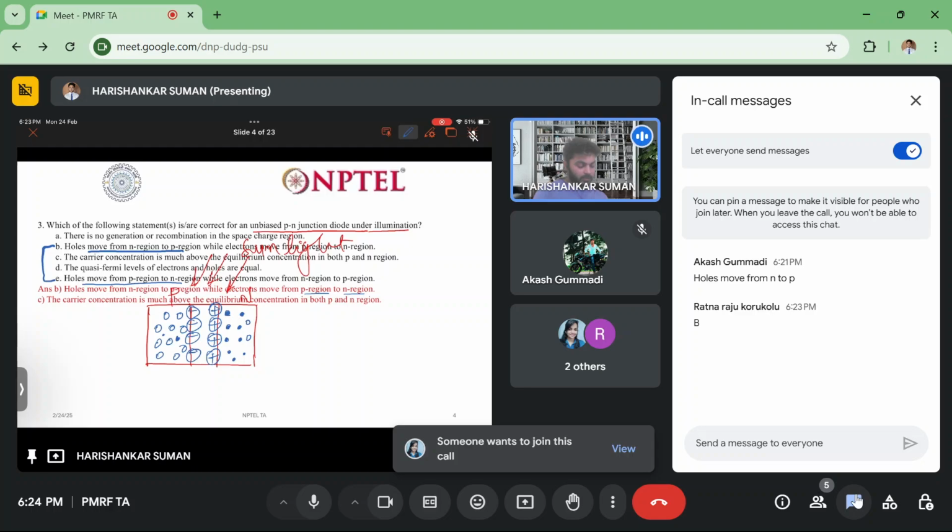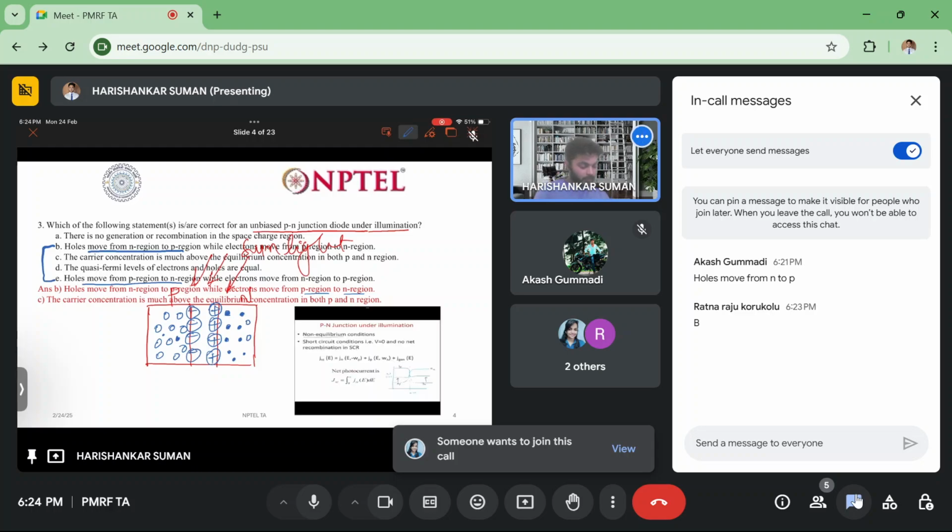And carrier concentration is much above the equilibrium in both P and N. B is the right option, and also C. And you can check in the picture, non-equilibrium condition. This is non-equilibrium condition. PN junction under illumination, and short circuit condition is P0.